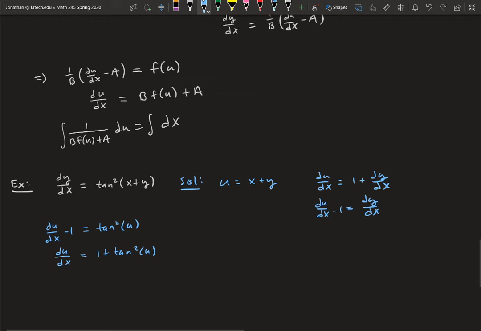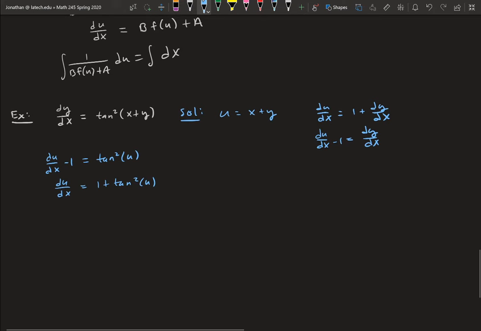What is that trig identity? 1 plus tan squared equals, first person to type it gets 5 life points. Something with secant, that's correct. What is it though? Anybody specifically? Secant squared u, that's right. So this is equal to secant squared u.